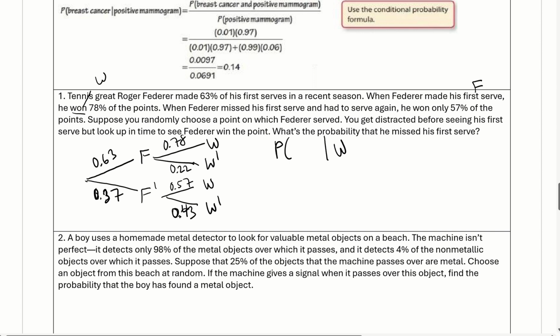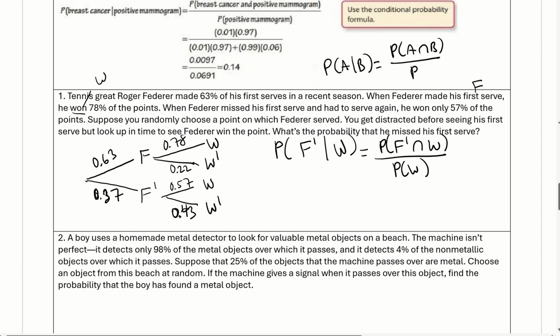So that means F prime given W, and this is what they're looking for. So we have to use a conditional probability: the probability of F prime and W divided by the probability of W. Remember, the conditional probability is calculated by doing the probability of both divided by the probability of the given. Okay, so that's the formula, if you will.